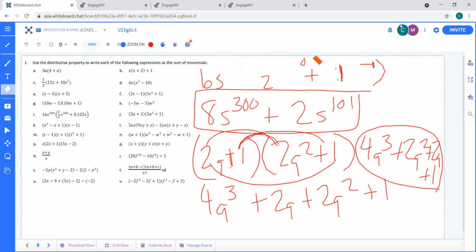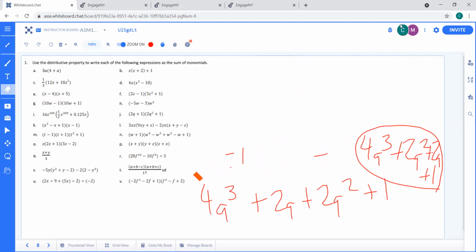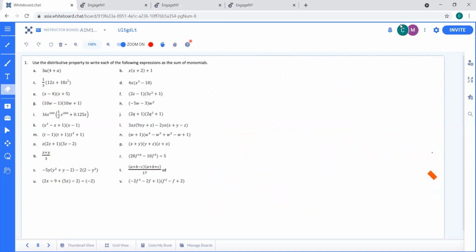All right, now we're going to get to trinomials here. But guess what? We're not going to do anything different. We're still going to multiply everything together. So x squared minus x plus 1 times x minus 1.